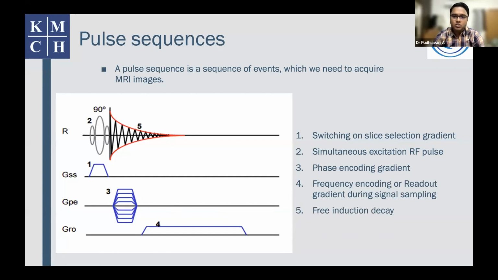We are not able to sample the full amplitude of the signal when we give the readout or frequency gradient. So to overcome this bottleneck, we use a pulse sequence, where we use a sequence of events to accentuate this signal.